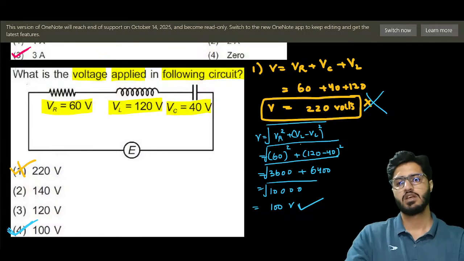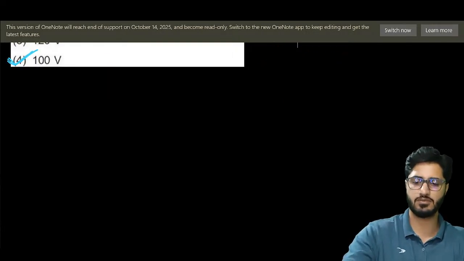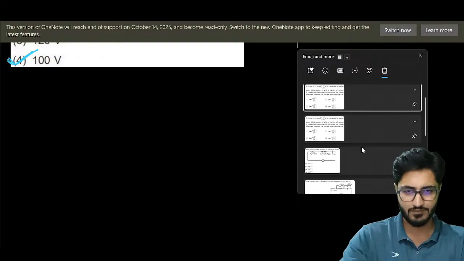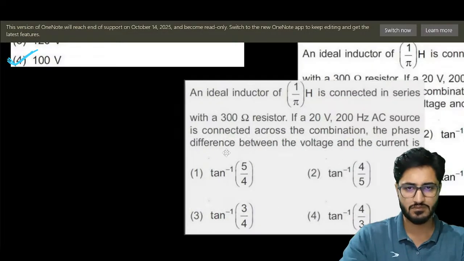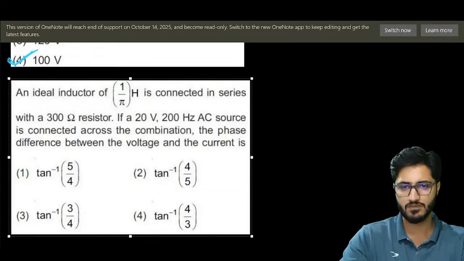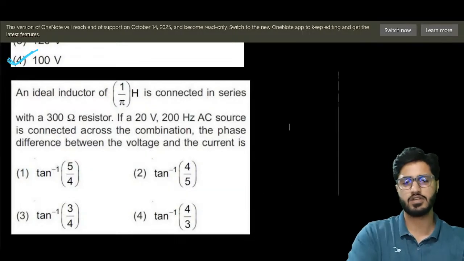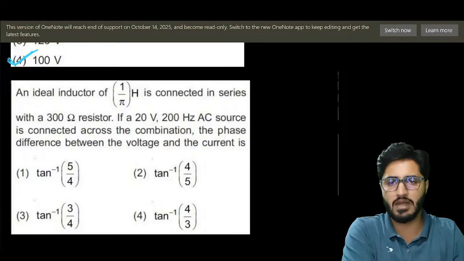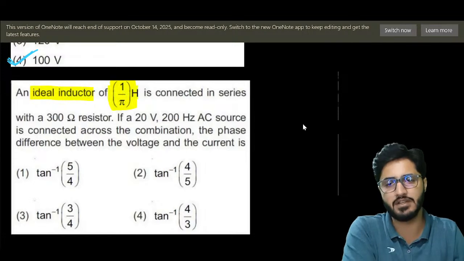Okay. Next numerical. Look now, what is the numerical? We have an ideal inductor with inductance 1 by pi Henry connected in series with a 300 ohm resistor.